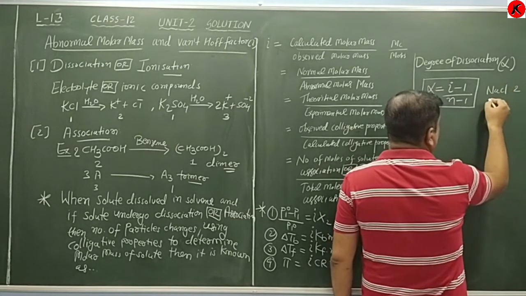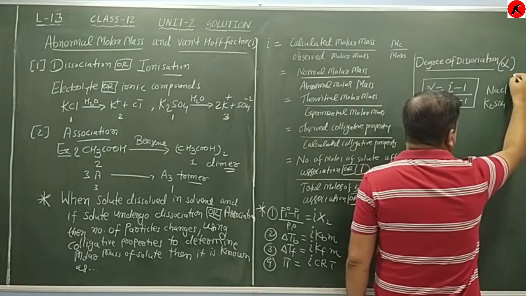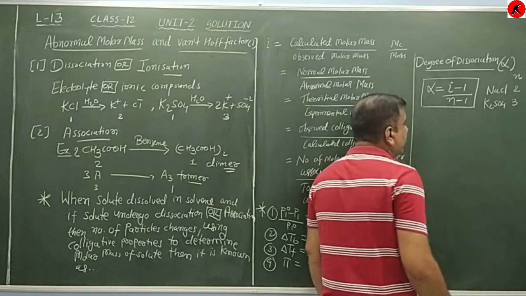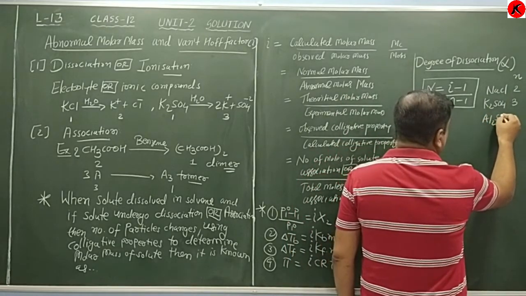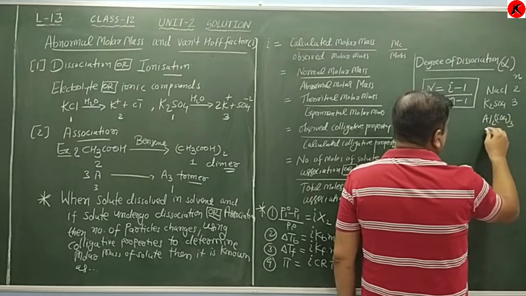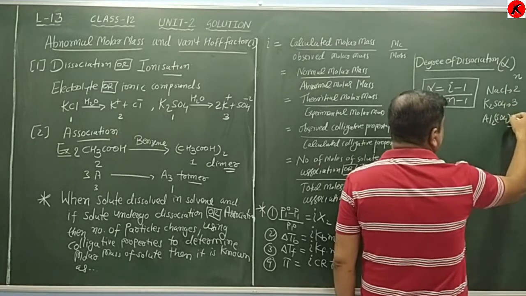Suppose Al2(SO4)3, then 5 will be produced, the value will be 5.